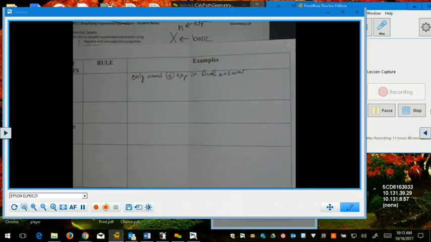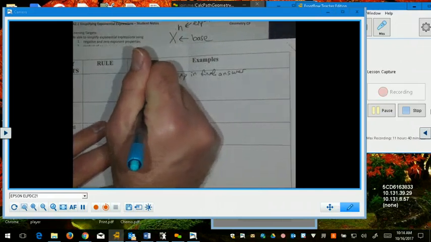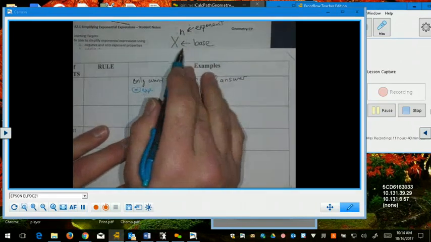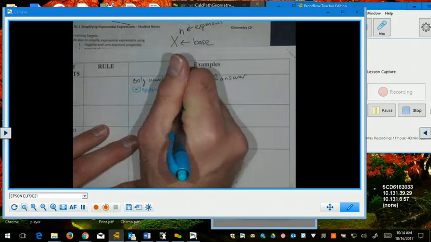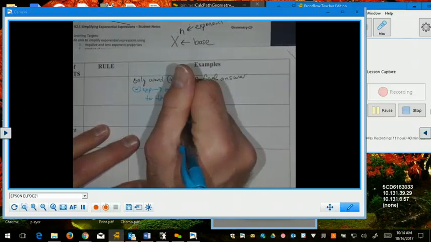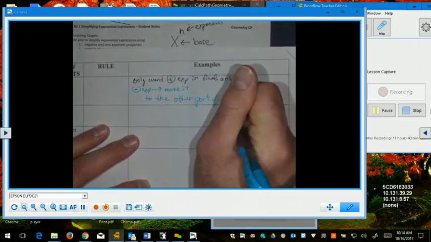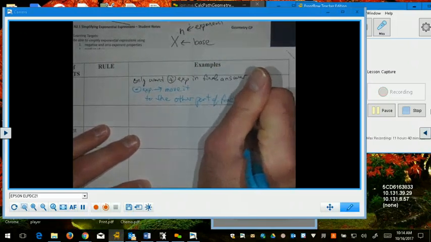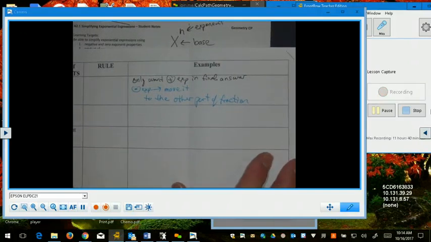What it's telling me is that it belongs in the other part of the fraction. Wherever it is, if I have a negative exponent, then to make it positive, I need to move that exponential expression to the other part of the fraction.